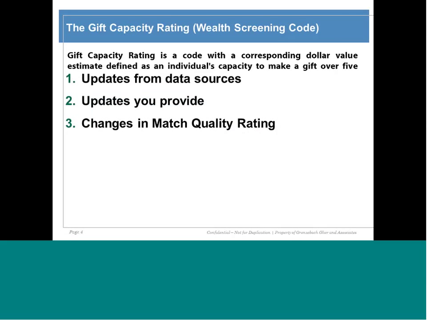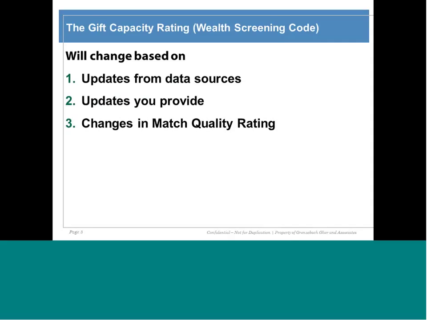Now, the gift capacity rating is going to change. It's going to change over time based on updates from our outside data sources. It's going to change based on updates that you provide. If you find out that somebody has a new job, has a new home address, or has retired from a certain position, all of these things will influence their wealth screening.